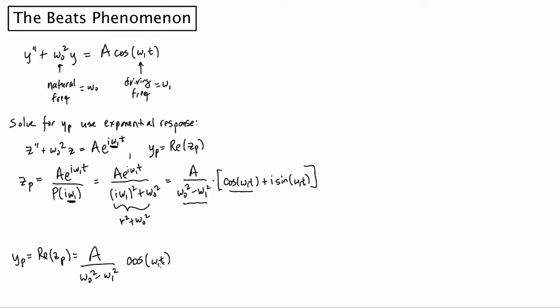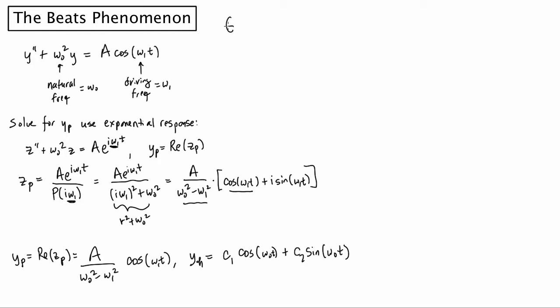Because we know from previous experience that the homogeneous solution to this problem has frequency omega naught, that's why it's called the natural frequency, it is c1 cosine omega naught t plus c2 sine omega naught t. This is the homogeneous solution, so if the right-hand side of the differential equation were 0, that would be the solution we'd get.